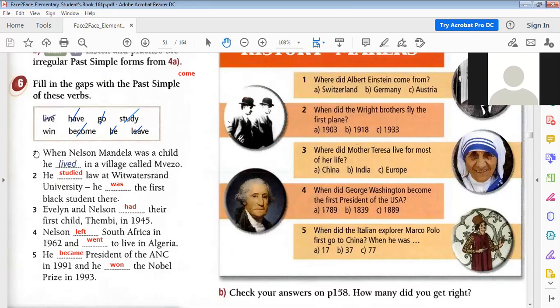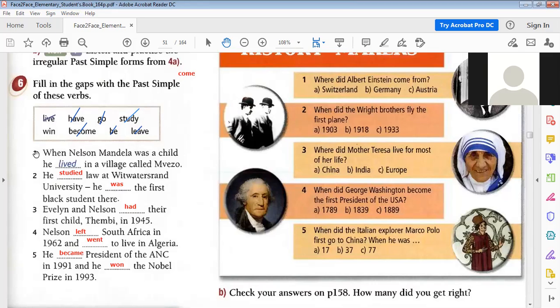Okay. Rana, number 3. Evelyn and Nelson had their first child, Thembi, in 1945. Correct. And Sabine, number 4.